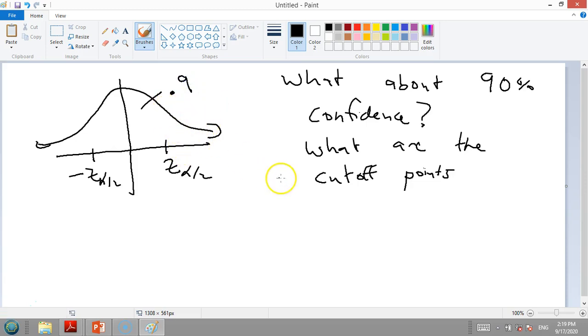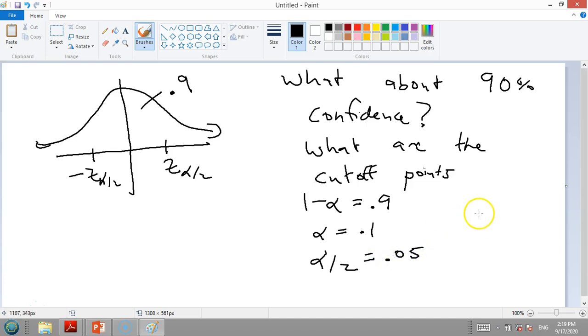Because inside, again, 1 minus alpha is 0.9. Alpha is 0.1, and alpha over 2 is 0.05. So the area to the right of this one is 0.05, and here is also 0.05.